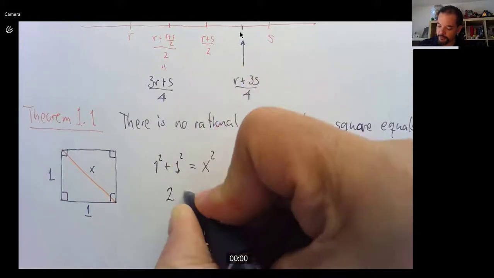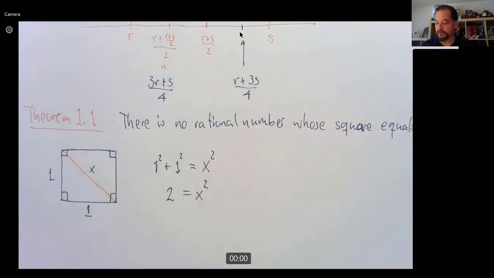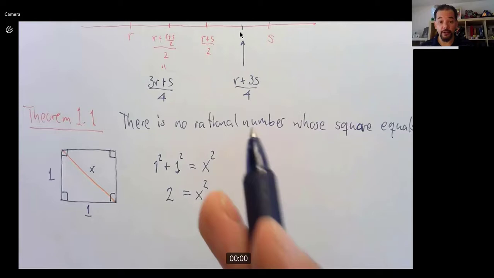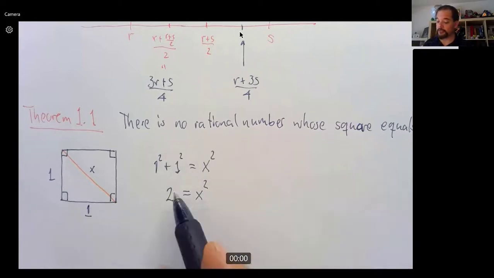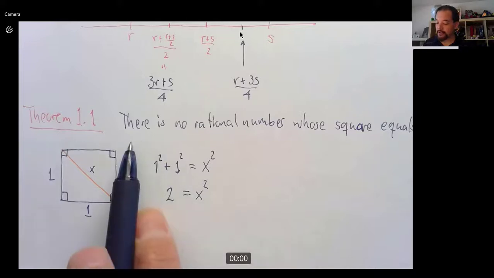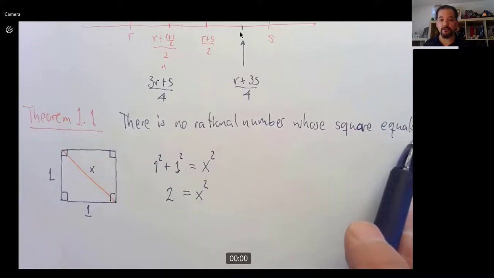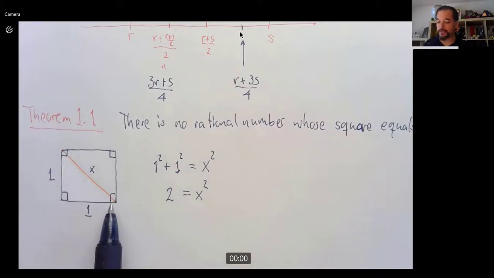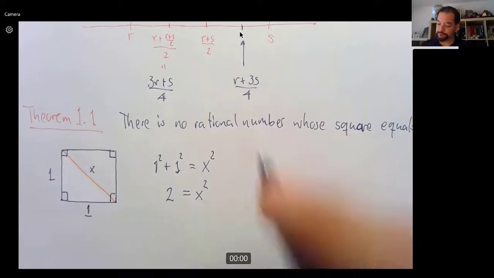In other words, 2 equals x squared. So the length of the diagonal is a number that when you square it, you get 2. So that's exactly the number we're talking about here, the number whose square equals 2, is the measurement of this diagonal.